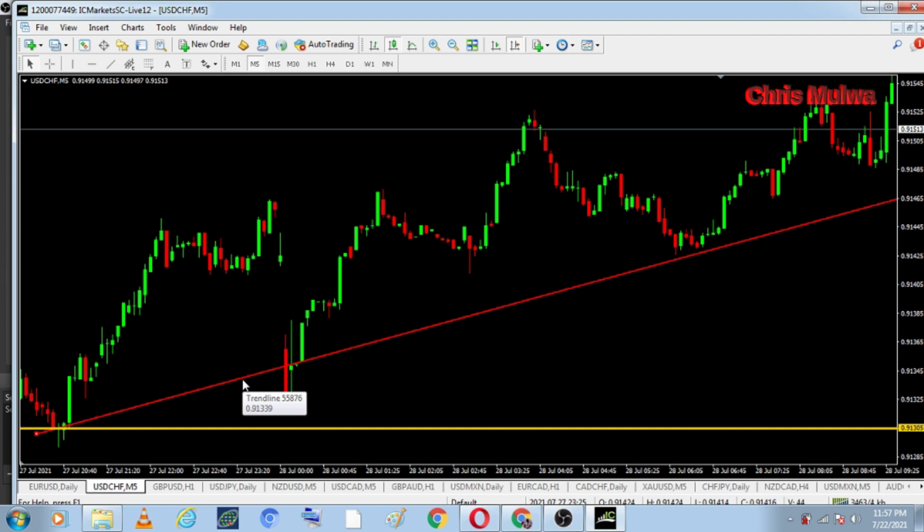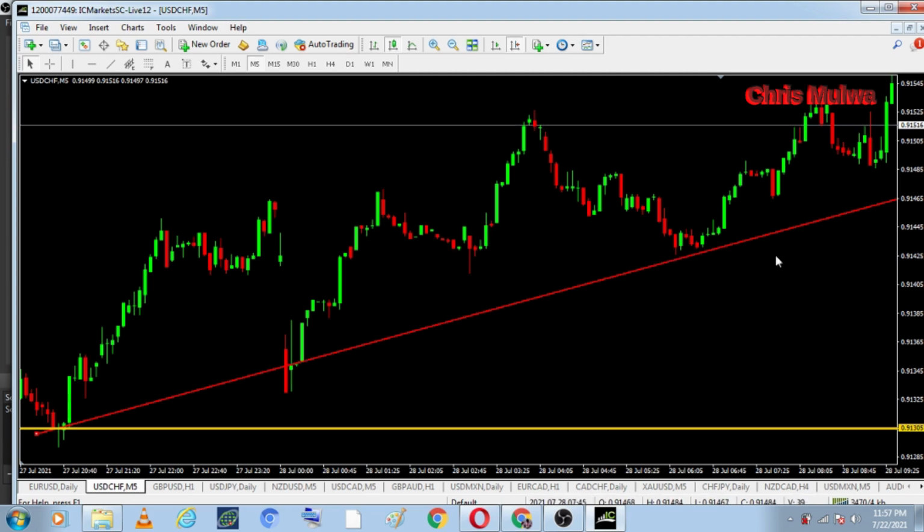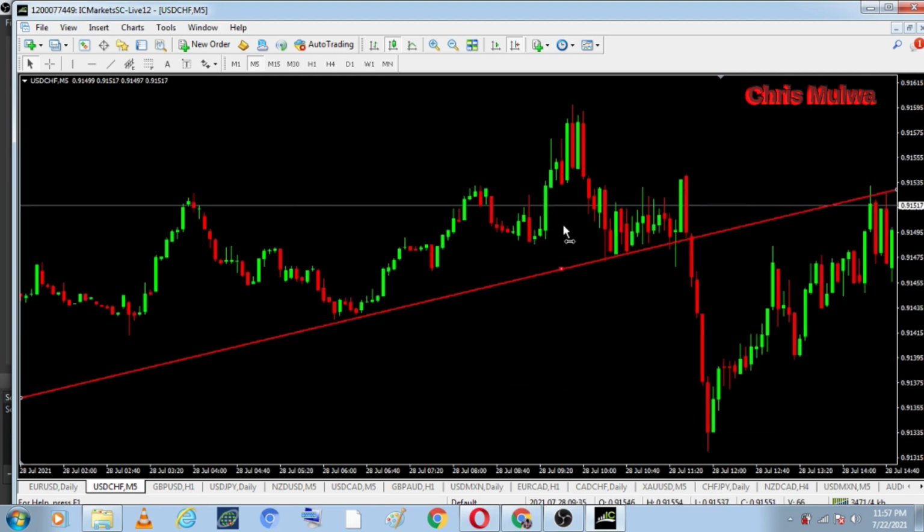That is when I scalp. If the market disobeys my trend line, that means that it will eat my stop loss, and I will be out of the market, and I will go to another currency.